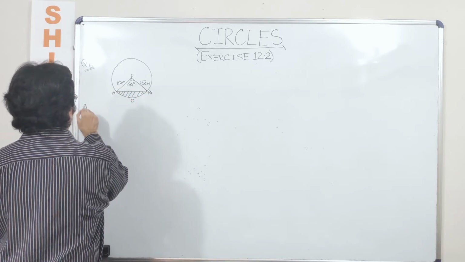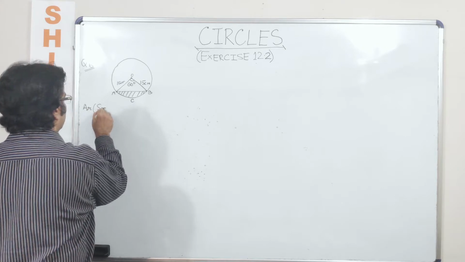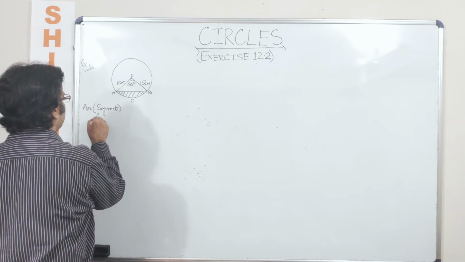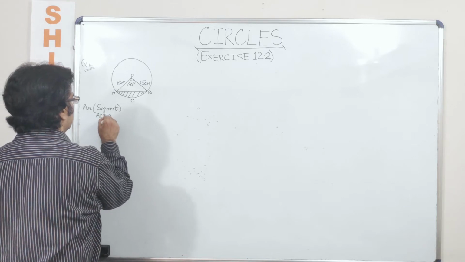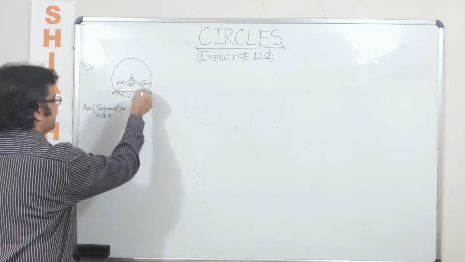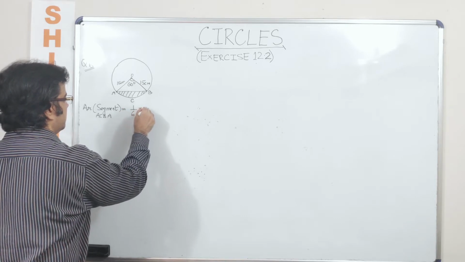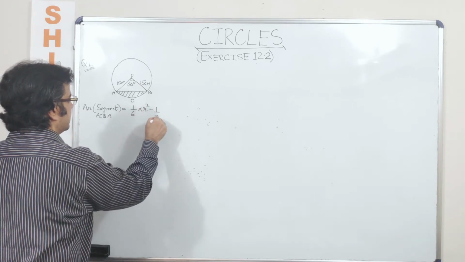So the area of the segment, so we are supposed to talk about the segment ACBA, will be nothing but the area of this, which is 1/6 of the area of the sector, minus the area of the triangle.